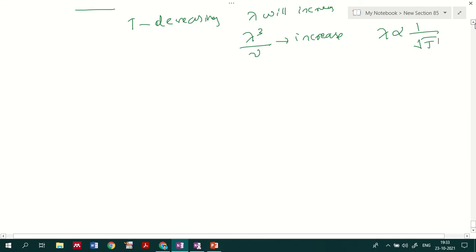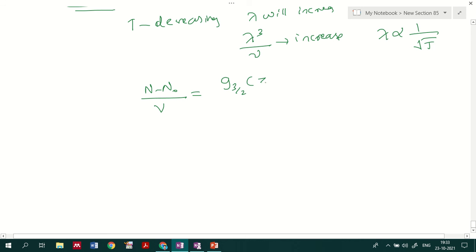Here we'll just consider N equal to N minus N0, the number of particles representation we have done earlier. So that is N minus N0 divided by V, which is equal to g3 by 2 of z divided by lambda cube. We know that the total number of particles is those in the ground state plus those in other energy levels.